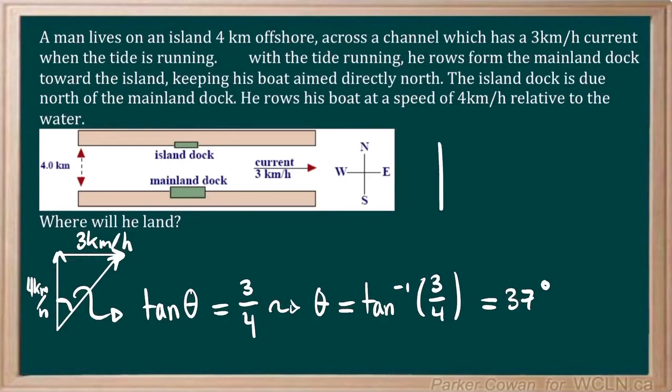Now let's plug in and make our triangle here. So we know that this is 4 kilometers distance. And then we have some side length here in this exact same triangle.